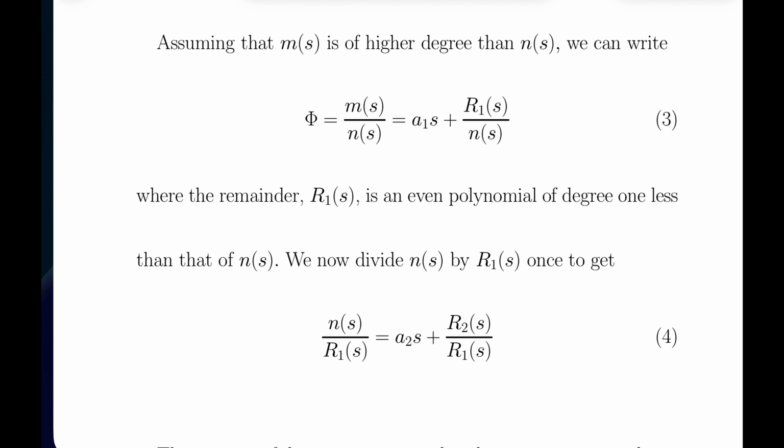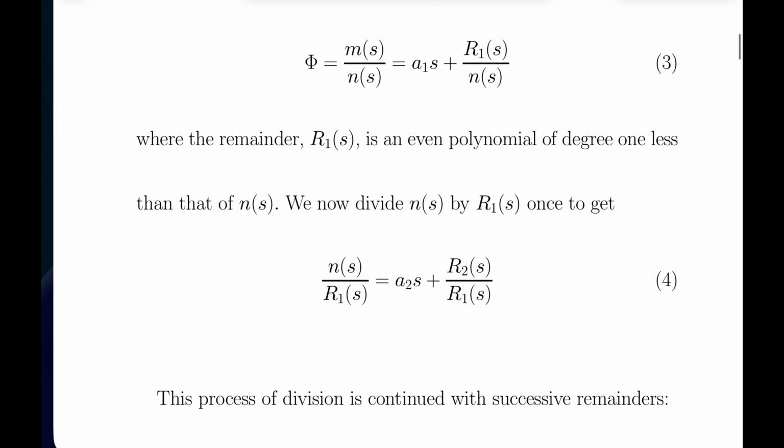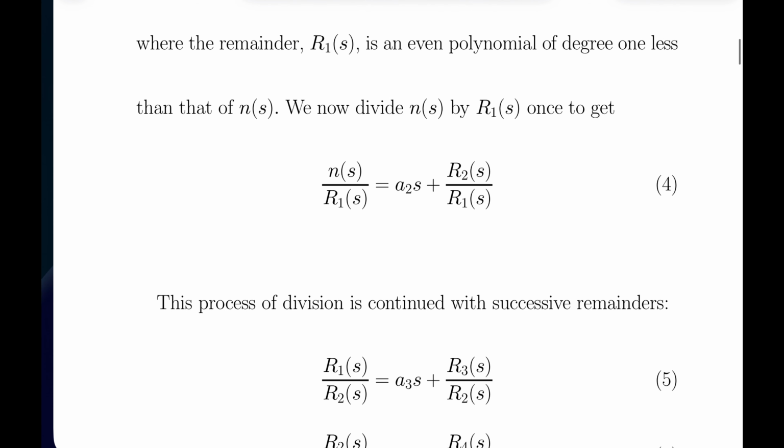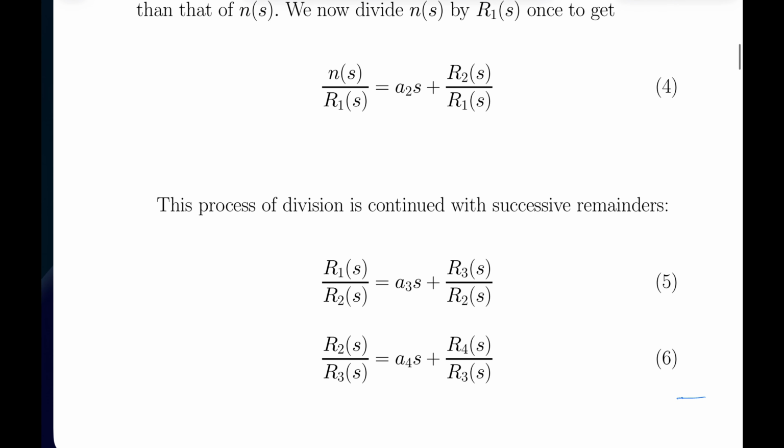We now divide N(s) by r1(s) to get N(s) upon r1(s) is a2 s plus r2(s) upon r1(s). This process of division is continued with successive remainders like this: r1(s) upon r2(s) is a3 s plus r3(s) upon r2(s), r2(s) upon r3(s) equal to a4 s plus r4(s) upon r3(s), and so on and so forth.